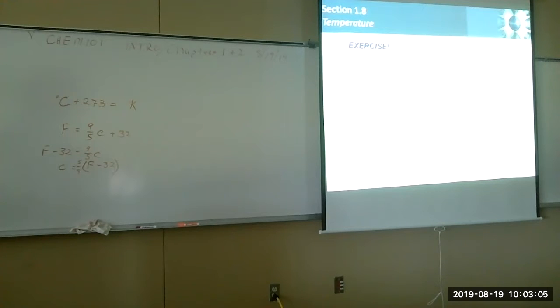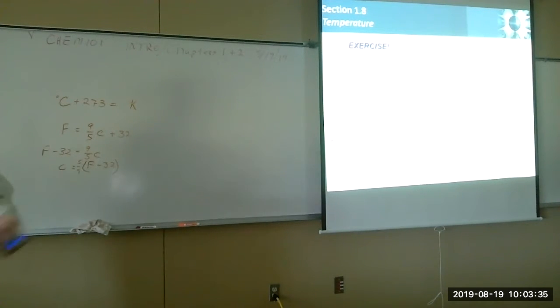There is a temperature where the value for Celsius is equal to the value for Fahrenheit. So we say, okay, there's centigrade, right here. So we substitute, if they're going to be equal, then we just have to make these both equal.